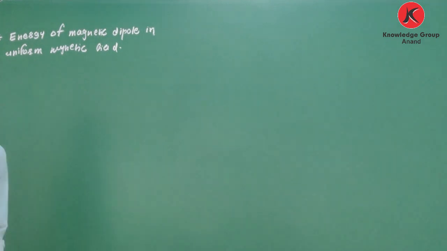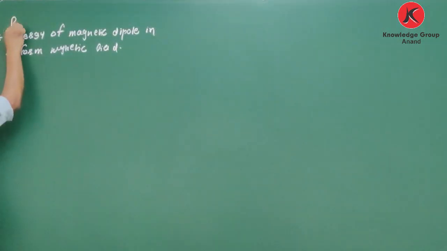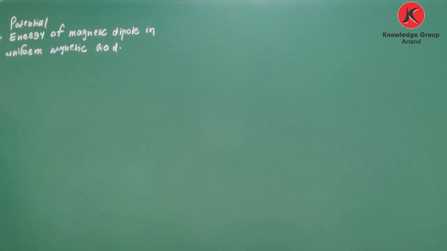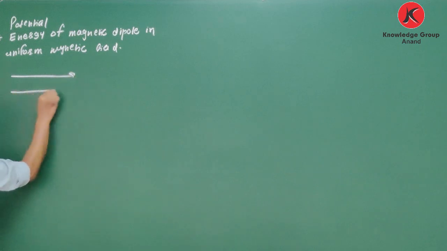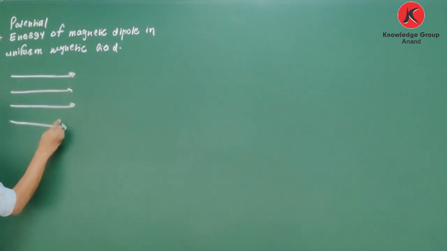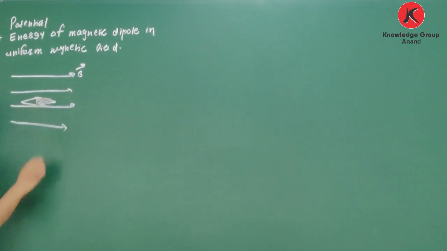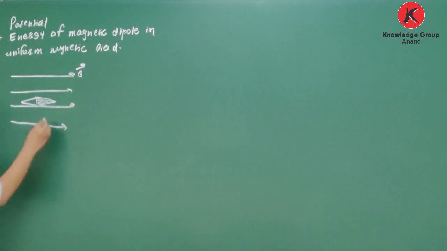Now, potential energy of a magnetic dipole in a uniform magnetic field. We know that if a magnetic needle in a uniform magnetic field is in equilibrium condition, the magnetic moment is in this direction.